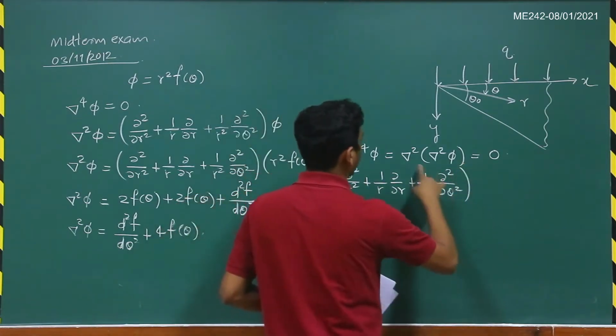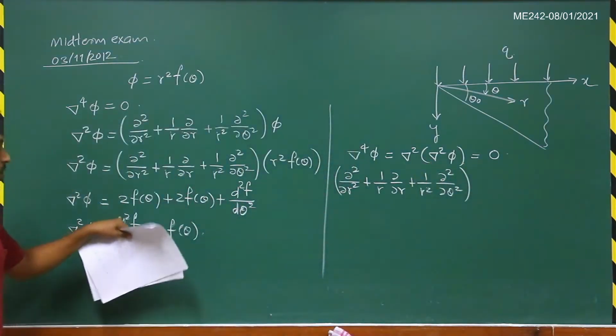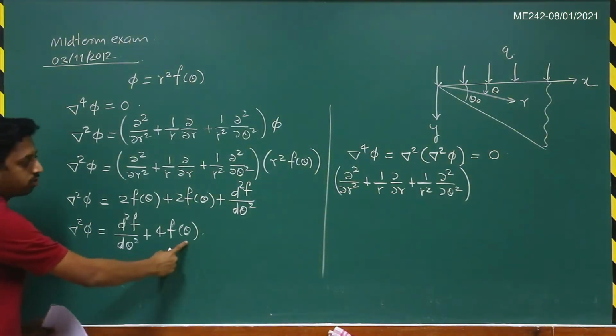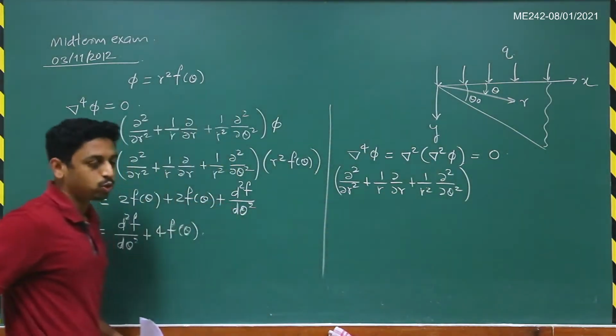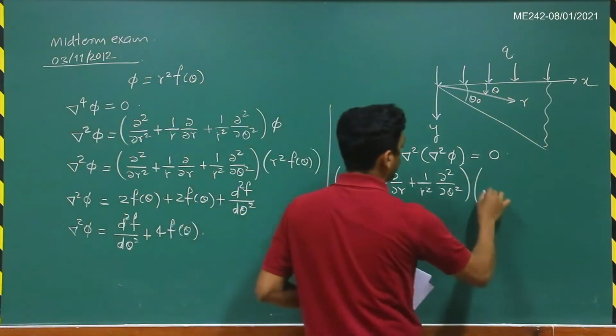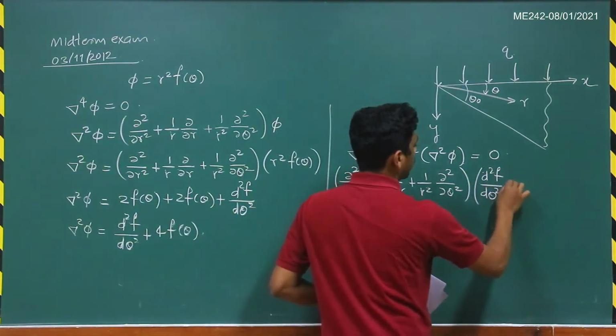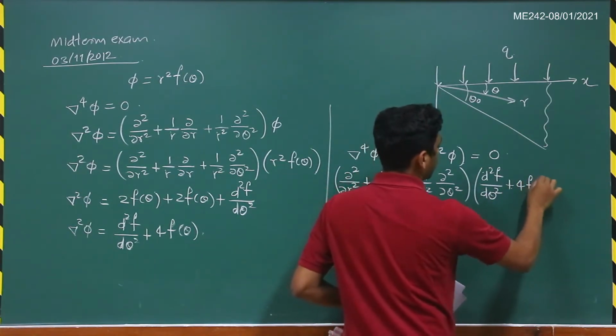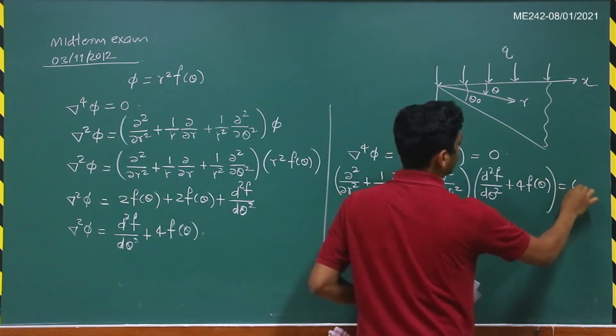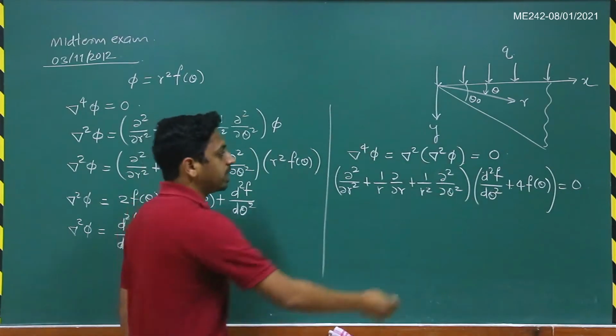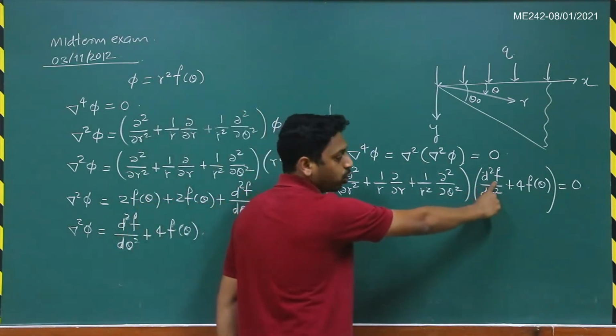Now it is operating on del square phi, which is a function of theta alone, so the r terms will contribute 0. So it operates on d2f over d theta square plus 4 times f of theta, which is equal to 0.